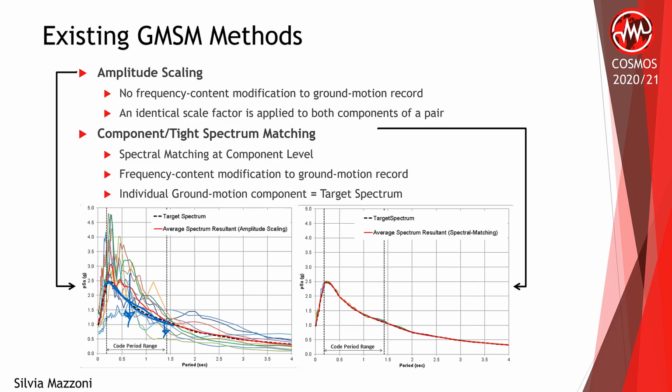But as you can see, in amplitude scaling, you've got record-to-record variability, as well as keeping these peaks and troughs in your spectrum resultant, as well as in the components themselves. But these are the two methods that are currently existing, and these are the most common ones.